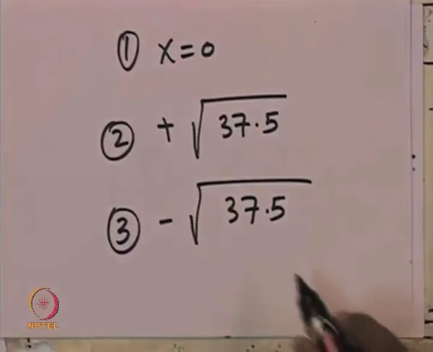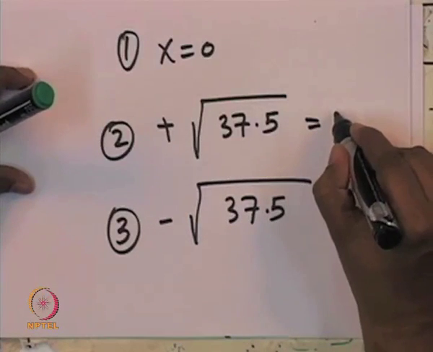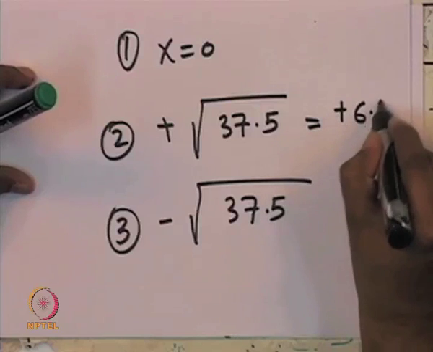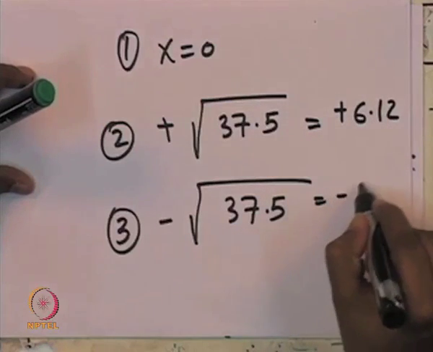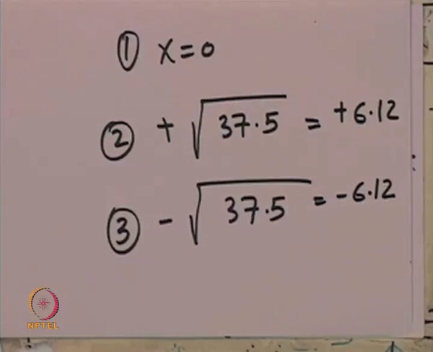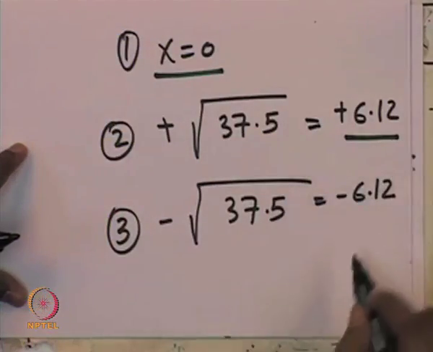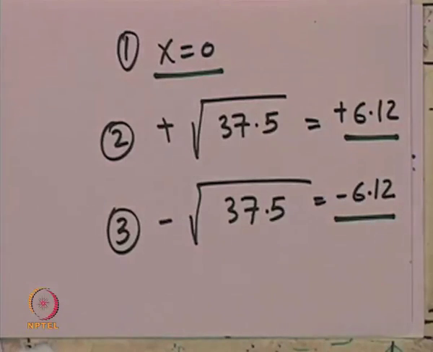It turns out that the root of 37.5 is 6.12. So, this can be plus 6.12 and this is minus 6.12. So, we have three numbers here. When we equated the first derivative to 0, we got three numbers. One is 0, another one is plus 6.12 and the other one is minus 6.12.